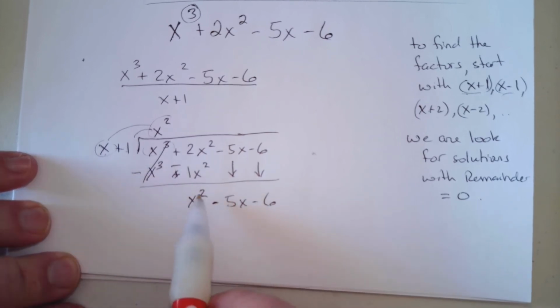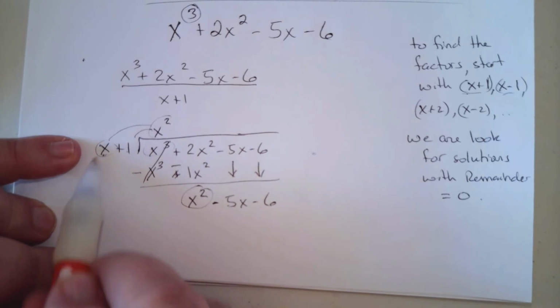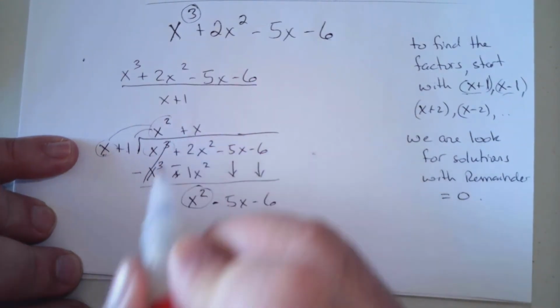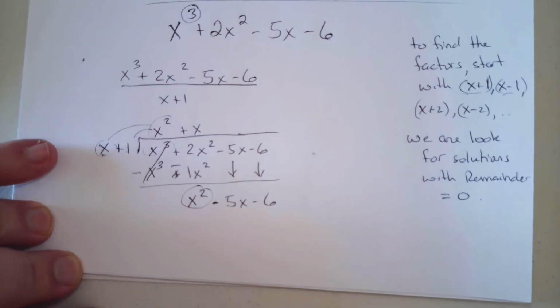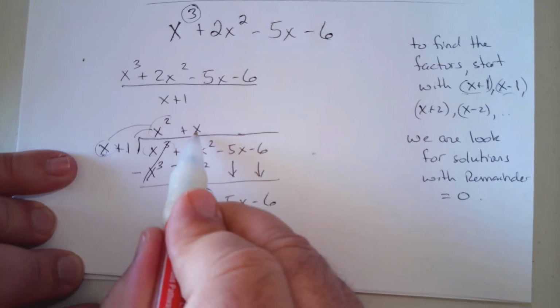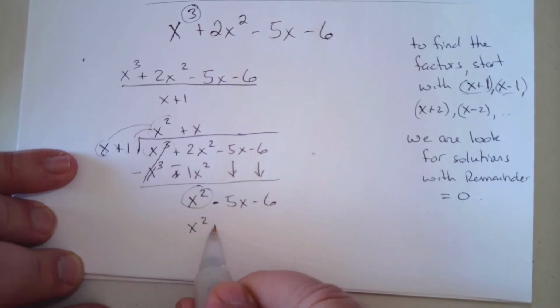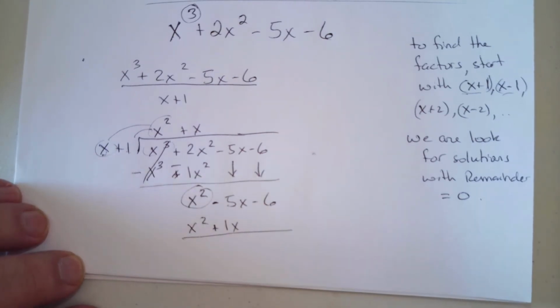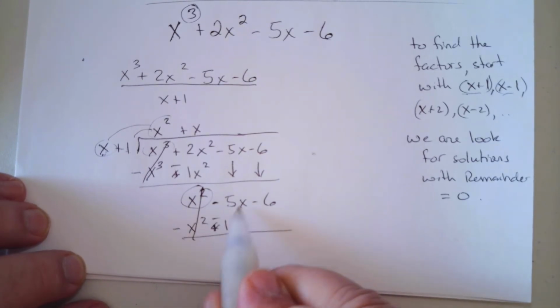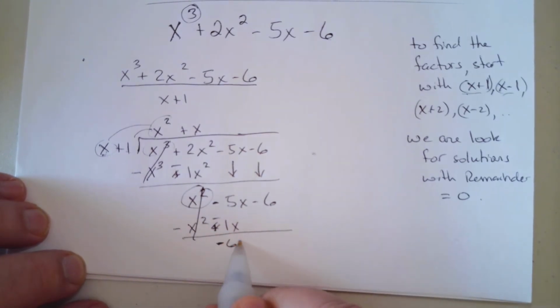Now, let's start again. What times x gives you x squared? A positive x. X times x is x squared. X times 1 is 1x. Change the signs and add. X squared minus x squared cancels. Negative 5x minus 1x is negative 6x.